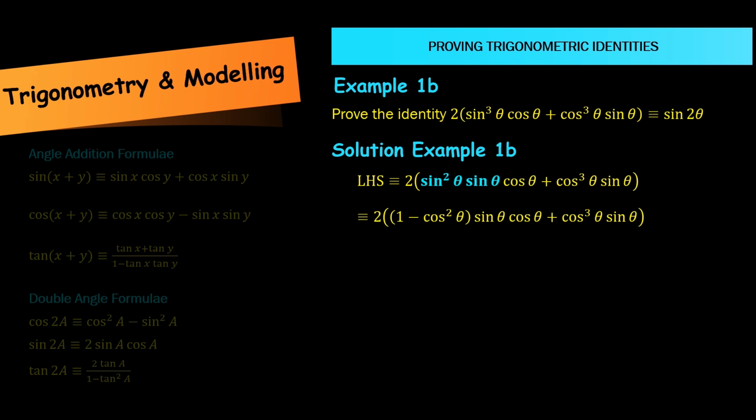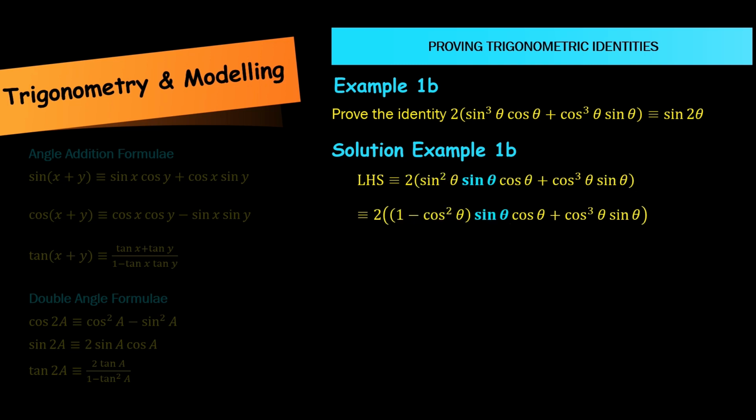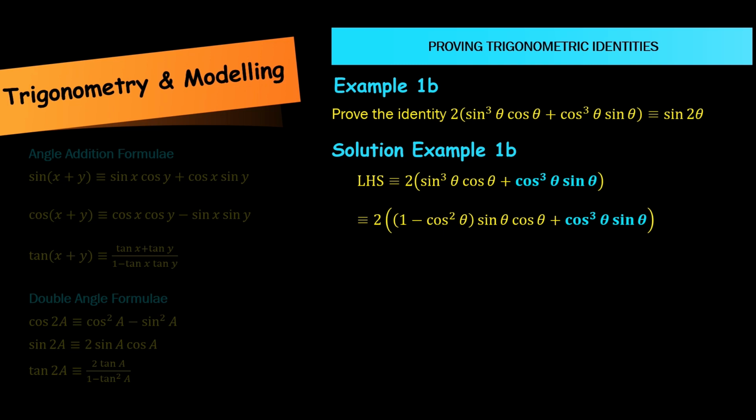We're going to replace sine cubed theta by sine squared theta times sine theta. The sine squared theta becomes 1 minus cos squared theta, and sine theta remains as it is, as does cos theta, and as does cos cubed theta sine theta as shown.